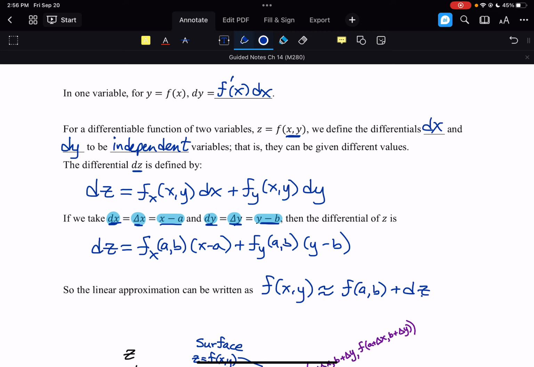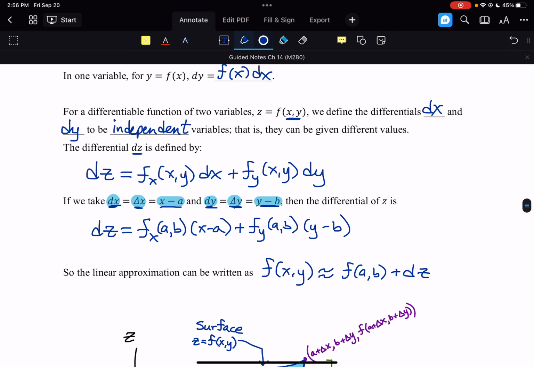Picture what this means. f of a b is the function value at the starting point. dz is the change in z along the plane, not along the surface. So we started at an output of 3, and we went up on the plane by 0.5. So now our new output is approximately 3.5. We will see an example with this in just a minute.